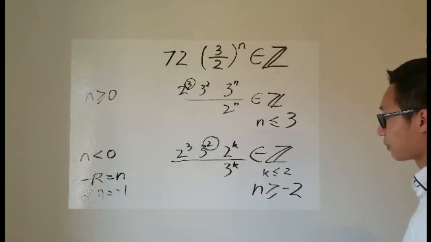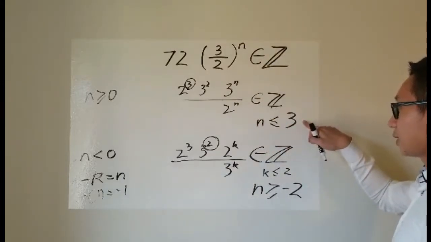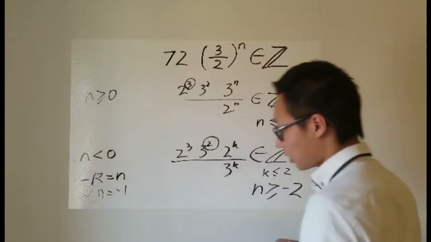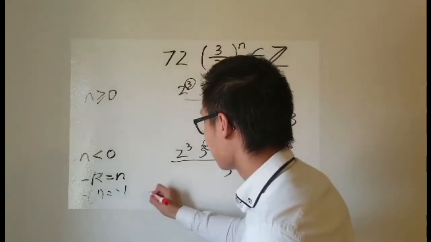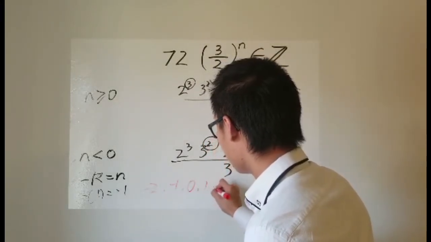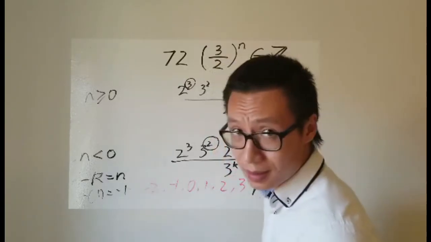You see that? So therefore, n can take on the maximum value of +3 and the lowest value of -2. So in total, n can take on values from -2, -1, 0, 1, 2, all the way till 3. In total, 1, 2, 3, 4, 5, 6 values.